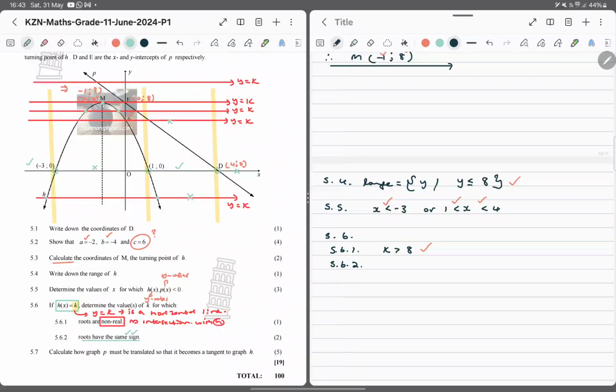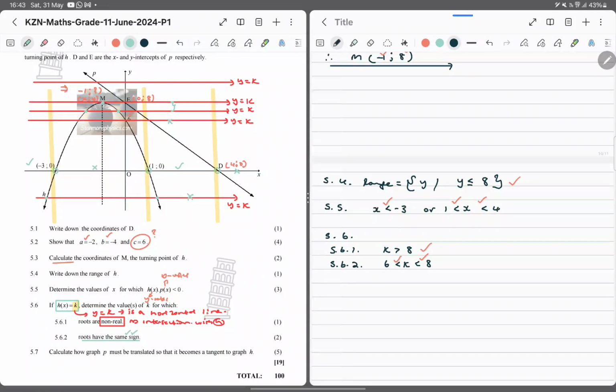So this means the value of k must range between those 2 lines. So we can say, well, k must be less than 8, but greater than the y value there, which is 6. Nice. So that makes it work.